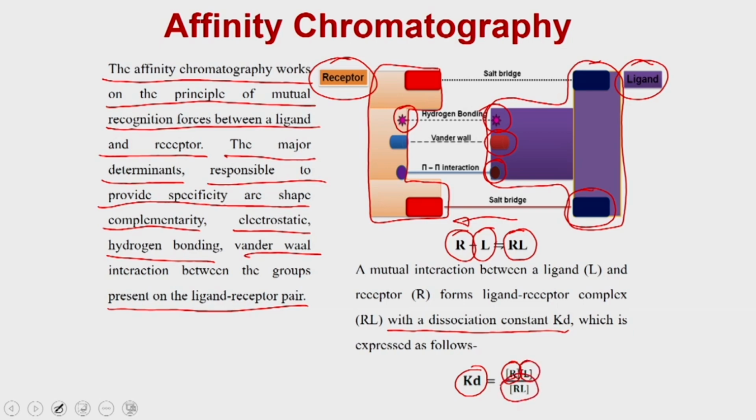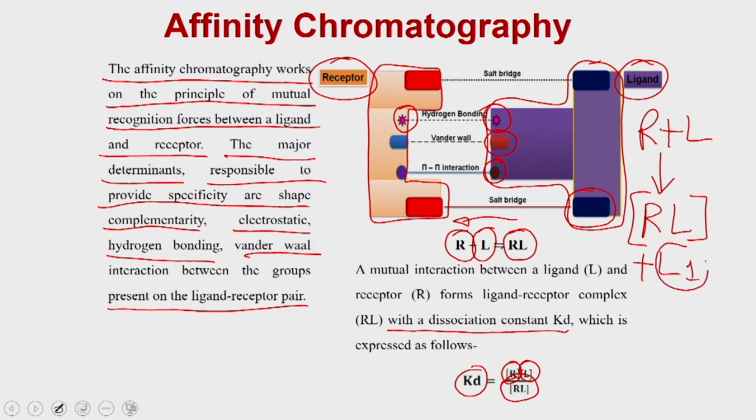A receptor interacts with L, the ligand, giving you a receptor-ligand complex. Now, if you add another ligand, L1, which has more affinity for the receptor, the receptor-ligand complex is broken down, the receptor forms a complex with L1, and your ligand is free.